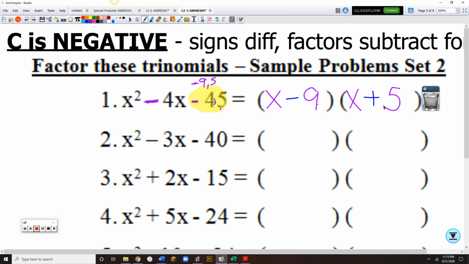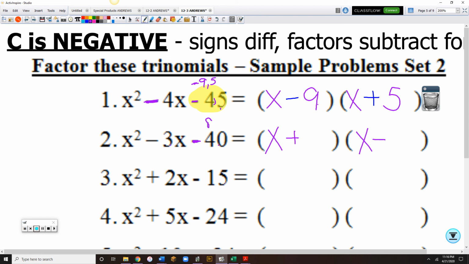Okay, so if we look at number 2, x and x, all right, this sign is a subtraction sign. That tells me that one of my signs is plus, one of my signs is minus. I need two numbers that multiply to 40 and subtract to 3. Now let's see, 4 and 10 subtracts to 6, 8 and 5.